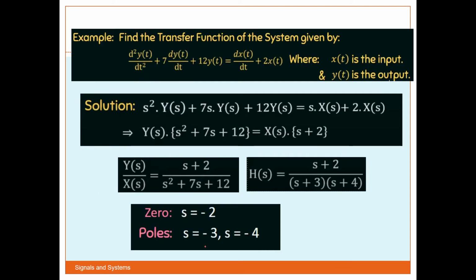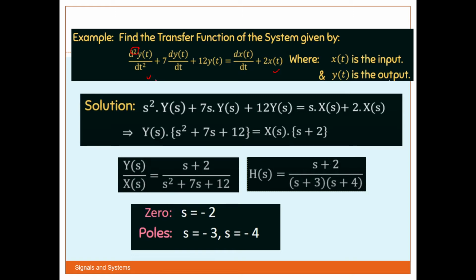Okay, for example, we want to find the transfer function given by this equation: d squared y(t) over dt squared, that means this is second order, plus 7 dy(t)/dt plus 12 y(t) equals dx(t)/dt plus 2x(t). Okay, so x(t) is the input and y(t) is the output.